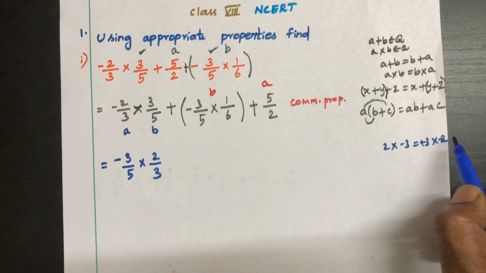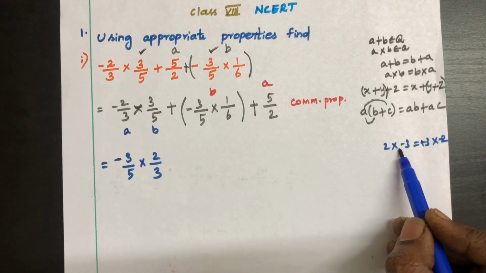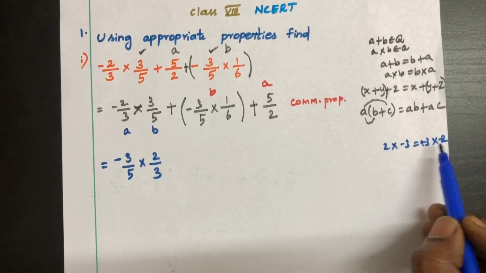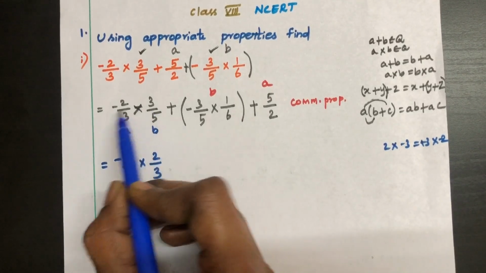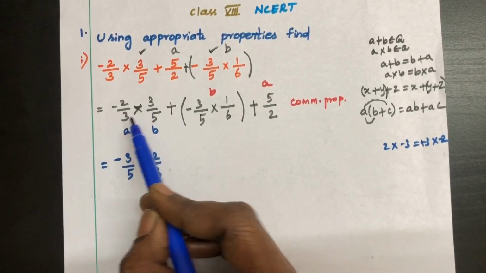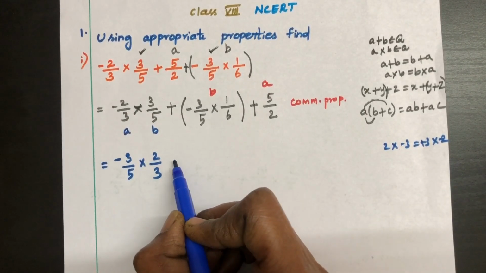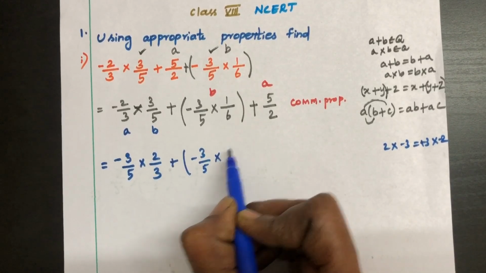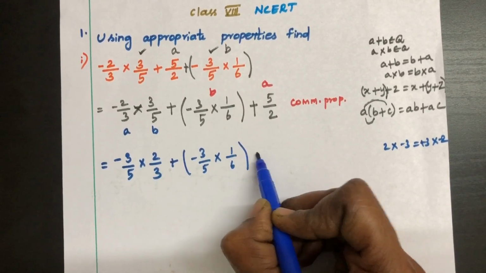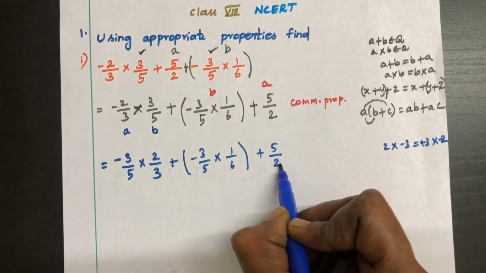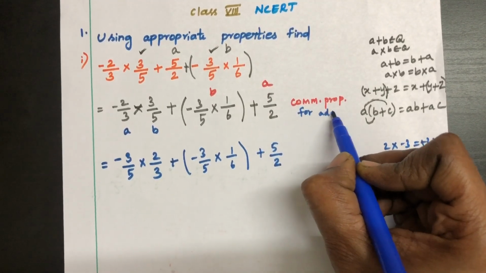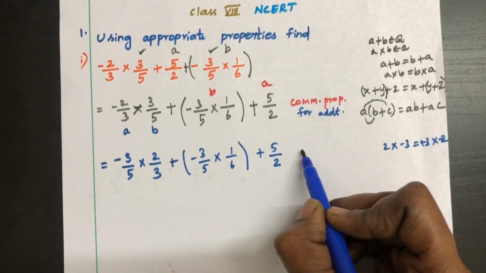Anyways, negative means the answer will be negative only. So we can swap the negative symbol also. Plus of minus 3 by 5 into 1 by 6, plus 5 by 2.